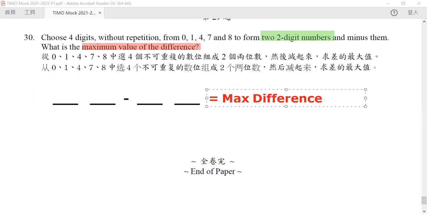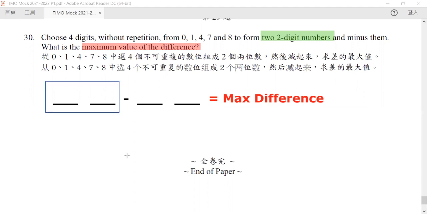It will mean that first of all, the number on our leftmost must be the largest. Yes, I know. Okay, I'm so hungry. And the number on our right must be the smallest one, right?